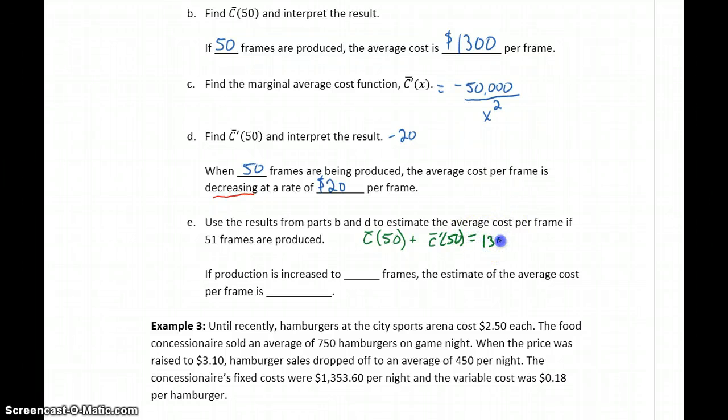So this would give us 1,300, and since it's negative, minus 20. So if production is increased to 51 frames, the estimate of the average cost per frame is going to be that 1,300 minus 20, or $1,280.